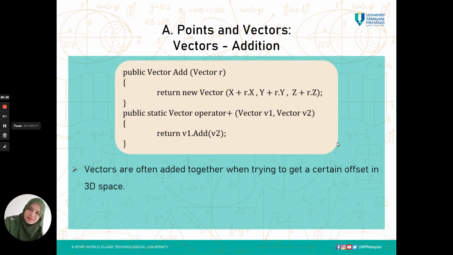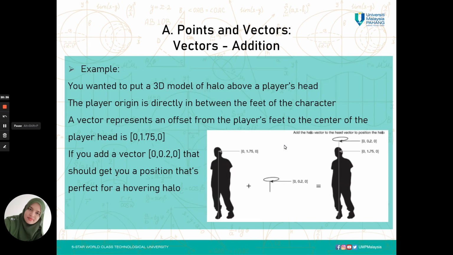Okay, and basically you add the vectors together when trying to get a certain offset in 3D space. This is what we do in games. For example, you want to put this halo on top of the human.